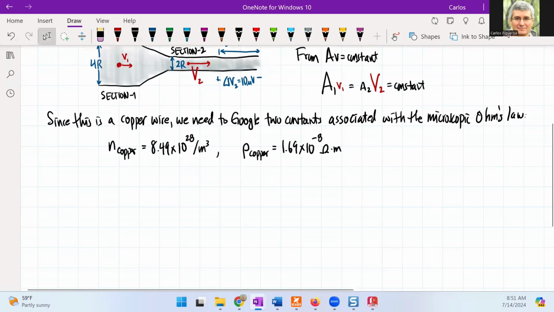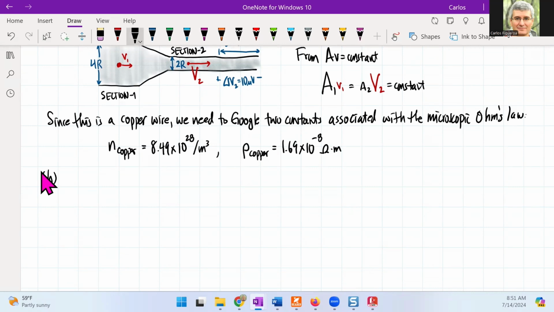So now that we have this, we could go in and start looking at the physics in part B. First of all, as we've already said, the current from section 1 to section 2 does not change.